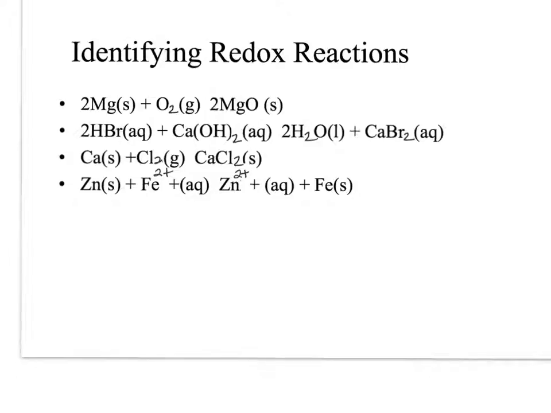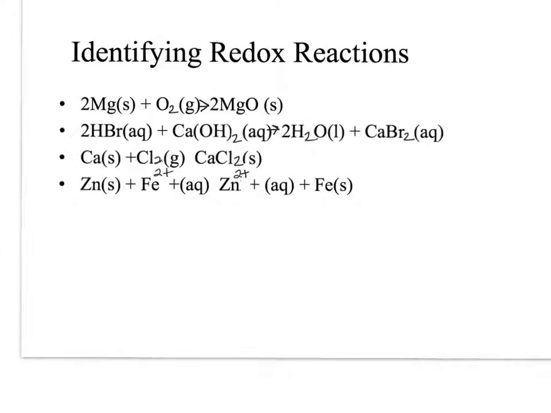So let's look at an example problem that you might come across in your studies. Here we have 4 different reactions that need to be identified as whether they are redox reactions or not. The first one has 2 magnesiums plus oxygen gas becomes 2 magnesium oxides.